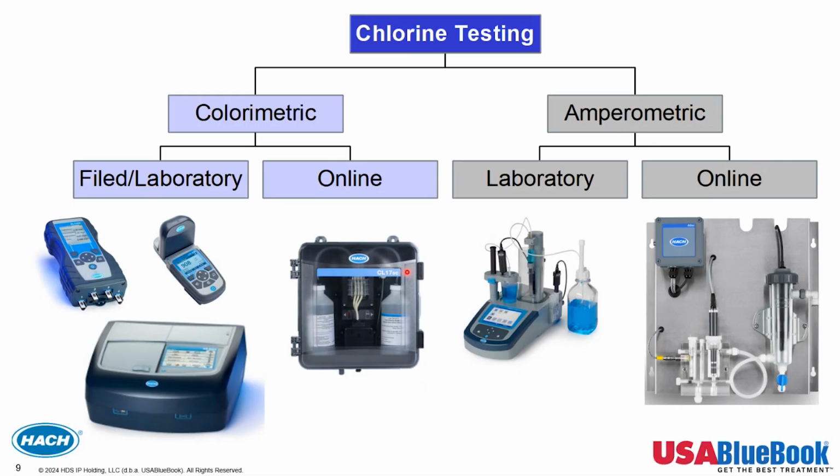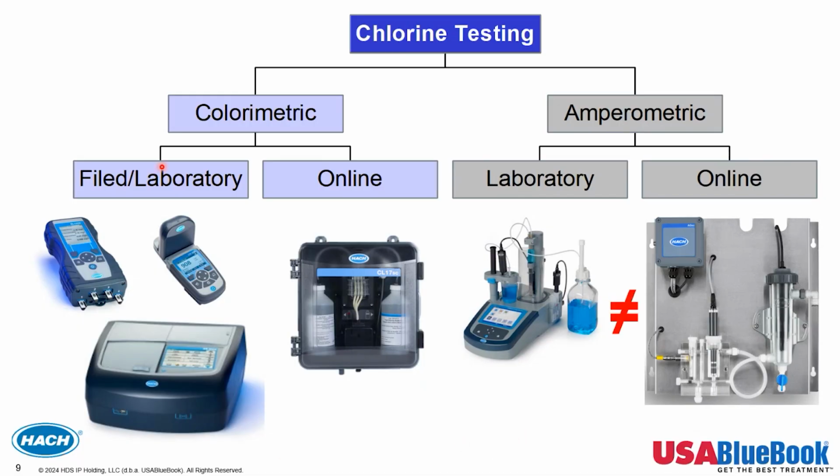And you can see representative instrumentation, which works under one or another technique, either manual lab methodology or online instrumentation, which is automatic instrumentation. Now, if you look at the right-hand side of the slide, the amperometric technology is also represented by a laboratory and online technique, and those are representative instruments with one big caveat here.